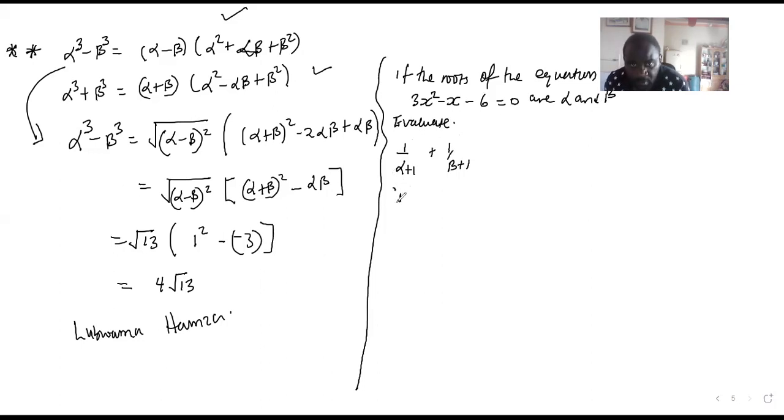B, 1 over alpha beta squared plus 1 over alpha squared beta. These ones will be yours. C, alpha cubed minus beta cubed. D, 1 over alpha squared plus 1 over beta squared.